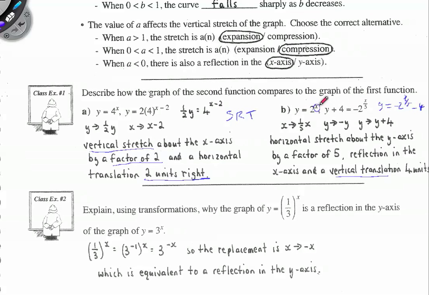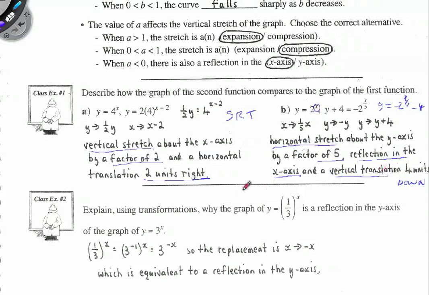That's affecting the y, so this is a reflection in the x-axis. I see that now. But the stretch, x is being multiplied by 1 over 5, so that's a horizontal stretch by a factor of 5. And this negative is a reflection in the x-axis, and then finally this negative 4 is 4 units down.